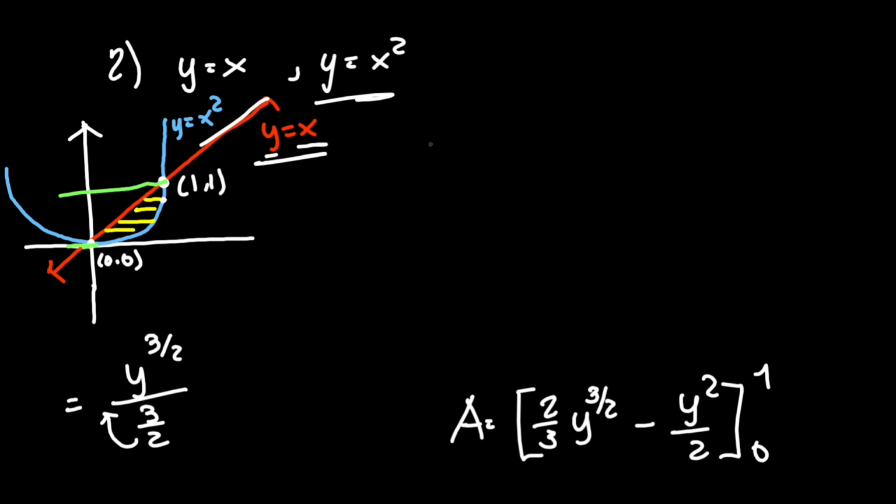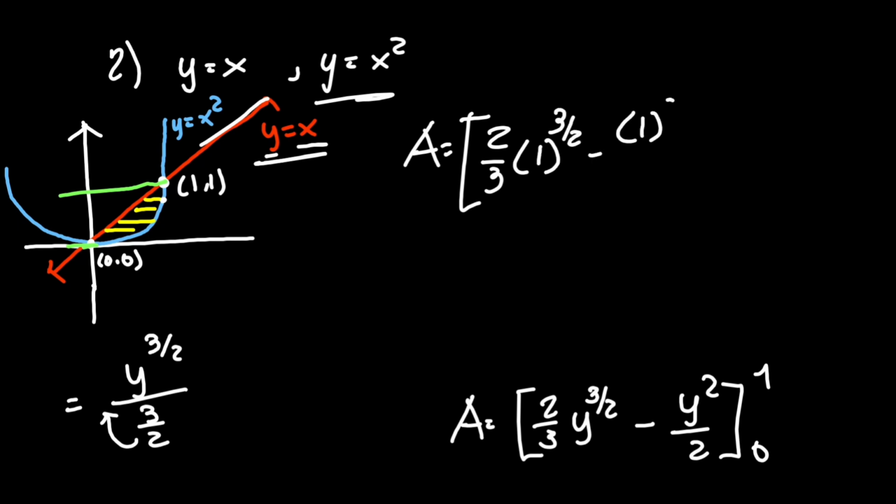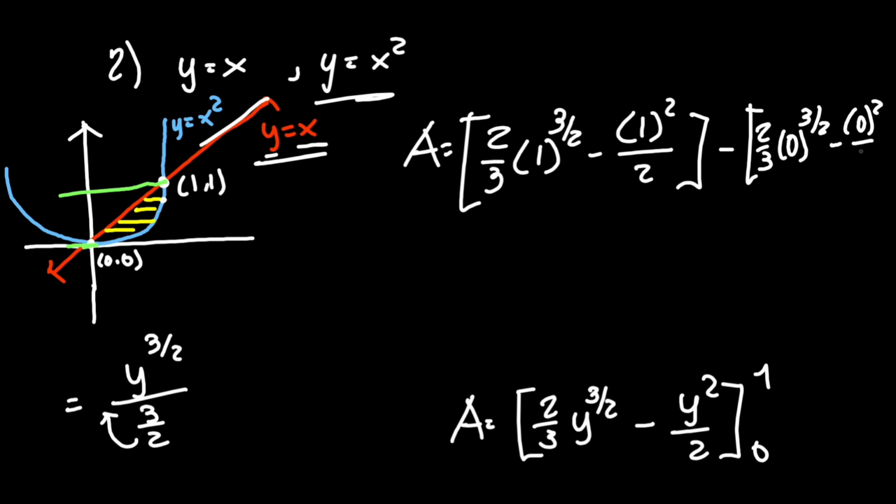And so first, let us substitute 1 into this equation. So this would be 2 thirds, y is 1, raised to the power of 3 halves, minus y squared would be 1 squared over 2. Minus, we can now substitute 0 into this equation. 2/3 of 0 raised to the power of 3 halves minus 0 squared over 2.